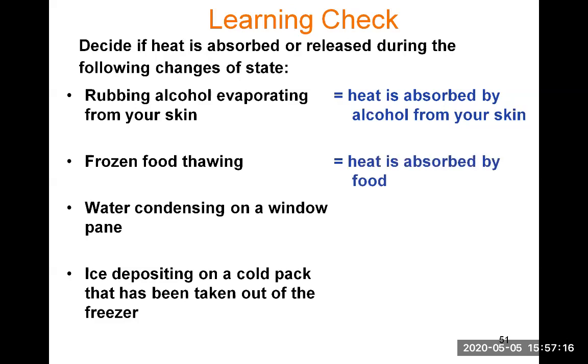Heat will be absorbed by the food. It will be taken from the warmth of the room, and it will absorb it to go from a solid state to a liquid state. So that's what thawing is about. Heat is absorbed by the food.